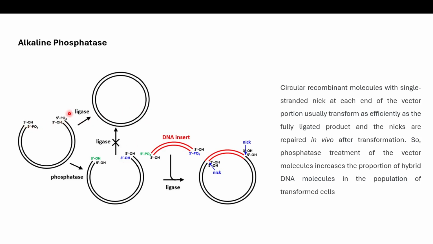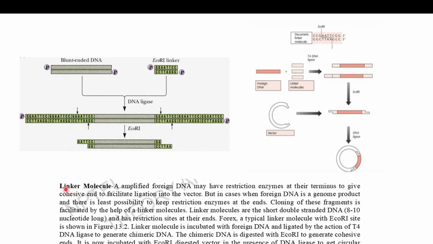Next, suppose this is a blunt-ended DNA, and to prevent its self-ligation, people can use linker molecules. Suppose this is a blunt-ended DNA with 5' terminal phosphate, and on either side this is 3' OH. They use certain recognition sequences for restriction enzymes that create sticky ends, or overhangs.